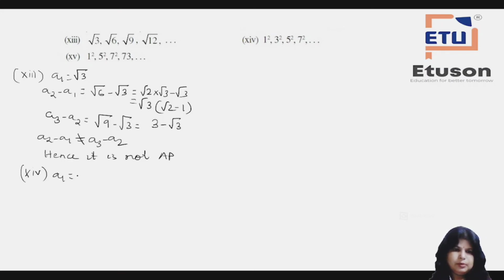So here your A1 is equal to 1 square, that is 1. A2 minus A1 is equal to 3 square minus 1, that is 9 minus 1, that is 8. Now A3 minus A2 is equal to 5 square minus 3 square, that is 25 minus 9, which is 16.